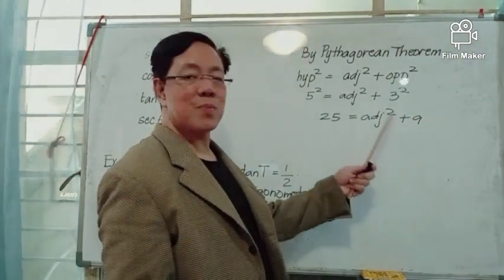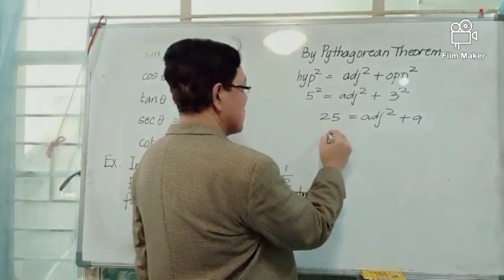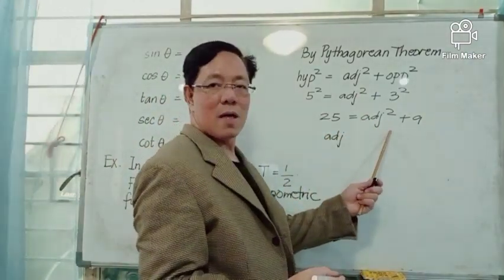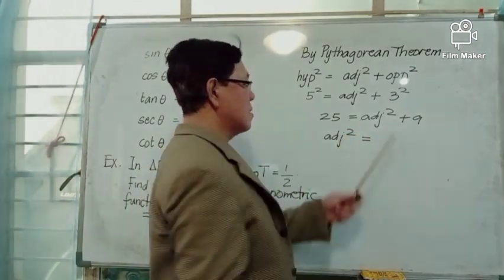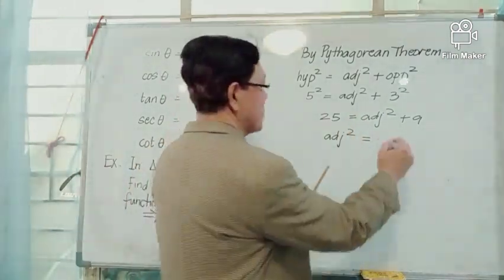And we transpose 9 to the other side, and we are left with the square of the adjacent side on the other side of the equation. The square of the adjacent side equals 25.